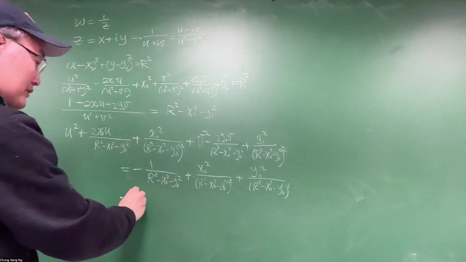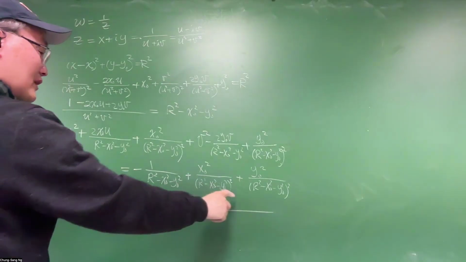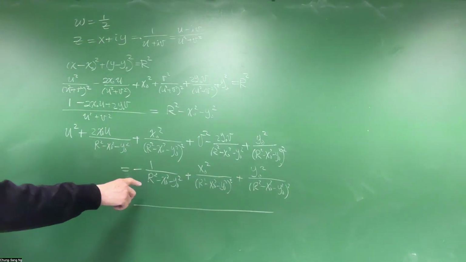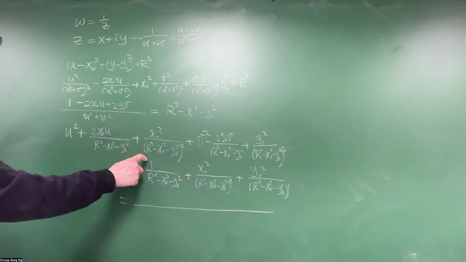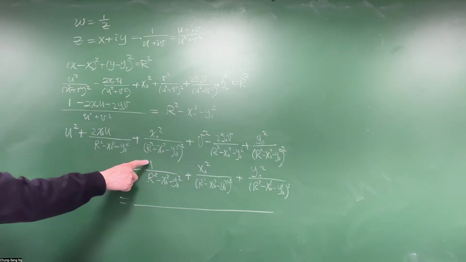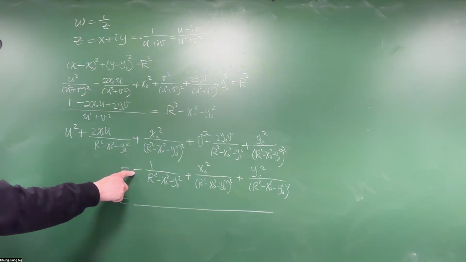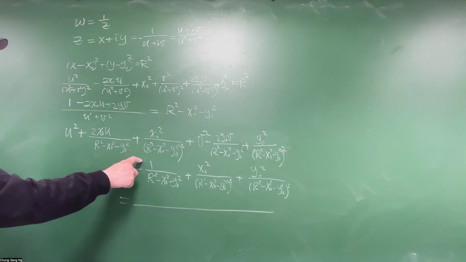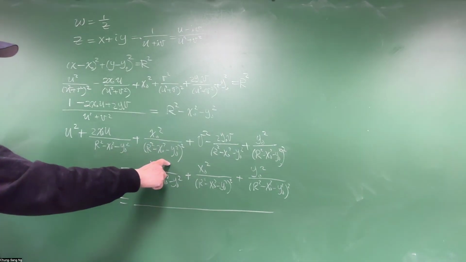This part is just to show this positive because this should give you the radius. And do a common denominator, and the numerator here becomes the square of this. The numerator of this is r square minus x0 square minus y0 square, but with a minus sign inside, become positive r square minus x0 square minus y0 square.